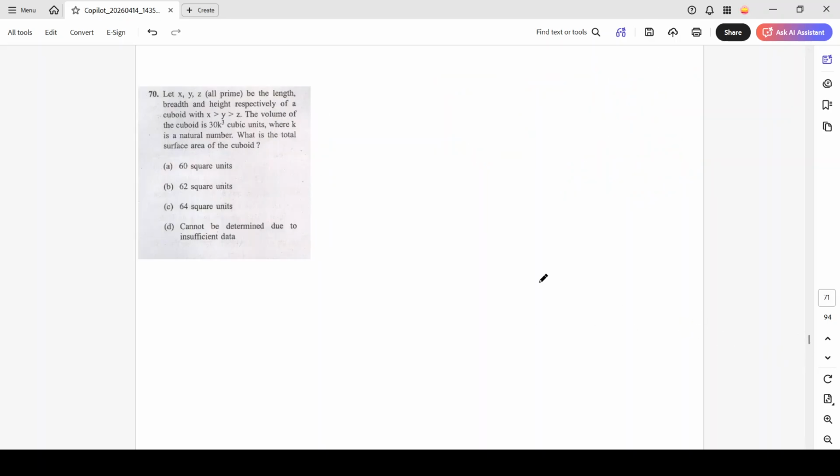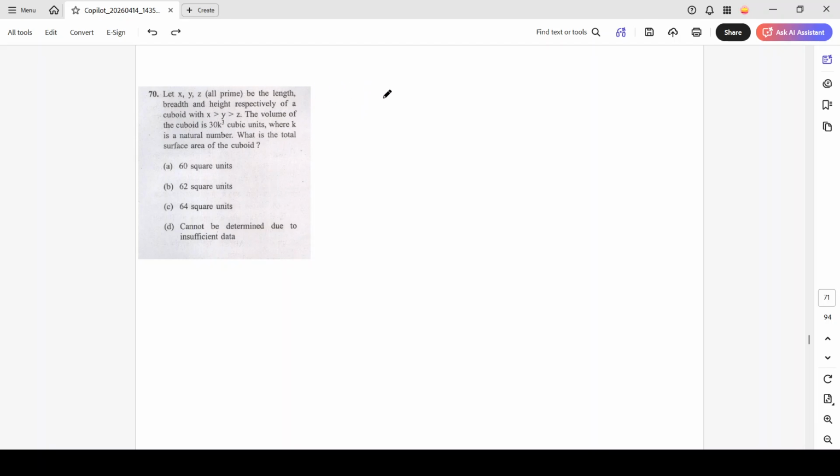Now move on to the next question, question number 17. Let x, y, z, all prime, be the length, breadth and height respectively of a cuboid. The volume of the cuboid is 30k cube.